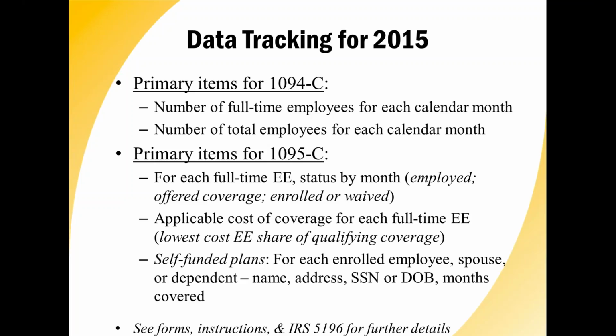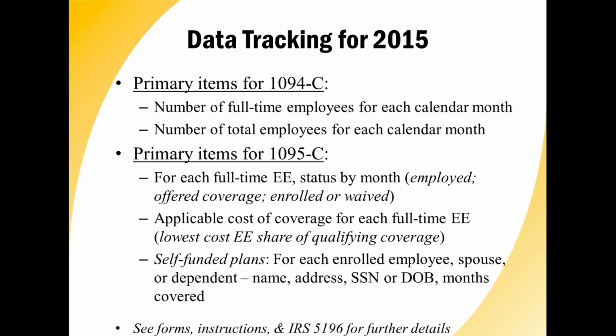As I'll show you in a moment on the 1095C, self-funded plans have to report more data. They have to report not only whether or not the employee was offered coverage and whether or not he or she enrolled, but in a self-funded plan, you've got to report every individual that enrolled, spouse and dependents, along with their Social Security number and the months they were covered.